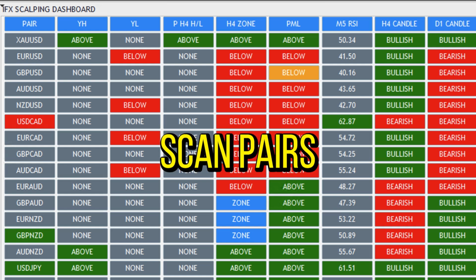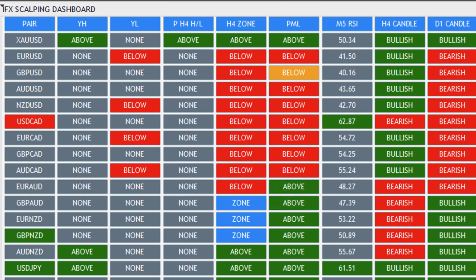It includes most of the information we've just discussed, like yesterday's high and low, the prior 4-hour high and low, the 4-hour zone, the prior mid-level, PML, RSI levels, the 4-hour candle, and the daily candle. However, keep in mind that the gray pullback zones are not shown on the dashboard, so you'll still need to analyze the charts for those.